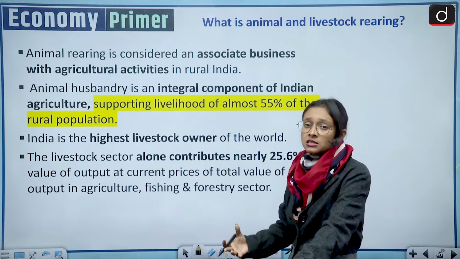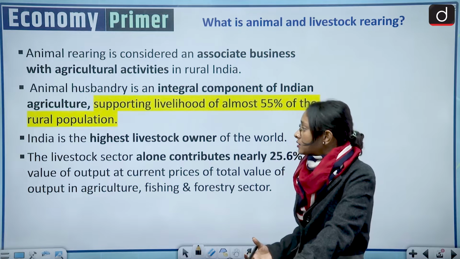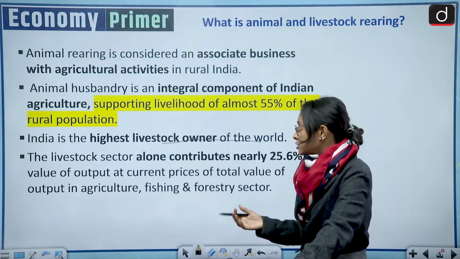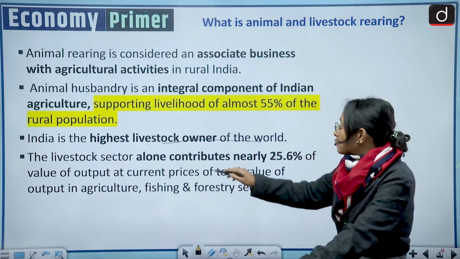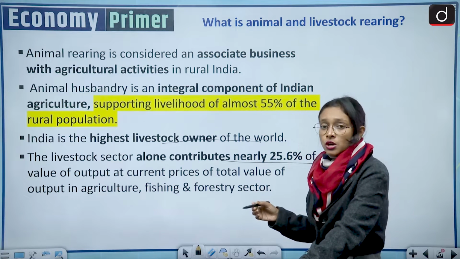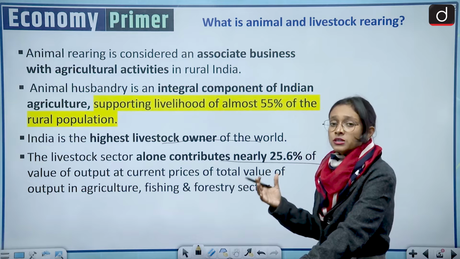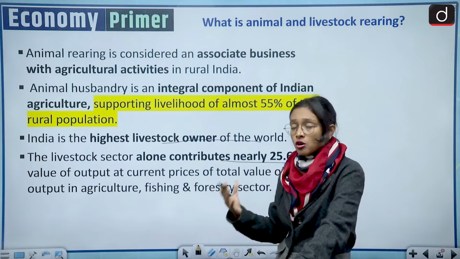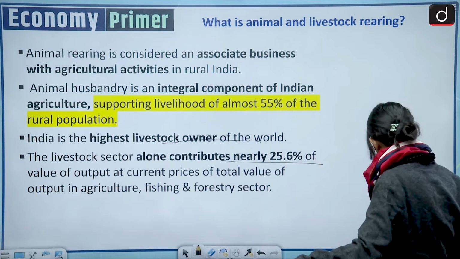So in that sense they are interconnected, and India is the highest livestock owner of the world. We already discussed this in the intro part, and India is the sole contributor of nearly 25.6% of the value of output. So we can sense how important India's contribution is to the world economy in terms of livestock. So moving towards the next slide.